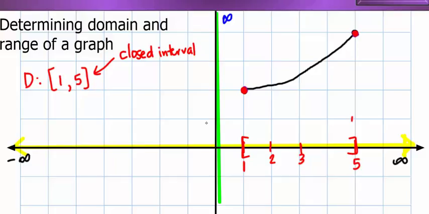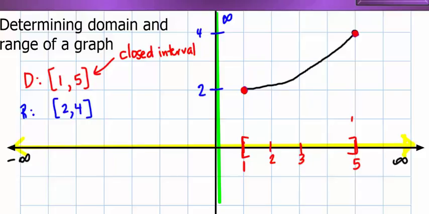As a matter of fact, there aren't any outputs until I get to a y value of 2. And then from that y value of 2, my outputs are continuous. They don't stop. There's no break until I get to the highest point of the graph, which is a value of 4. So my range is also a closed interval from 2 to 4.